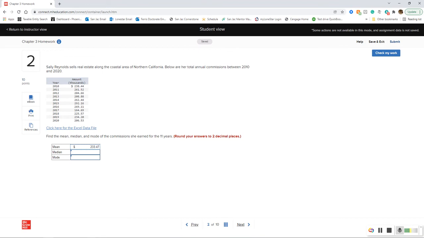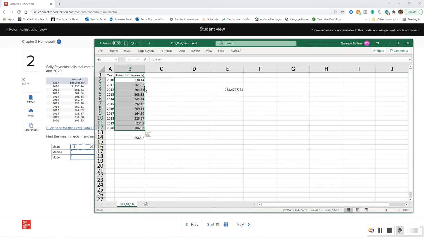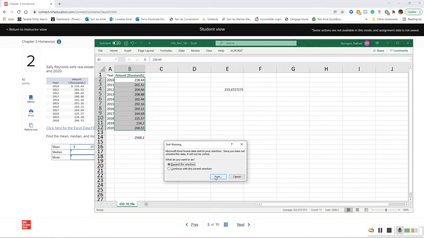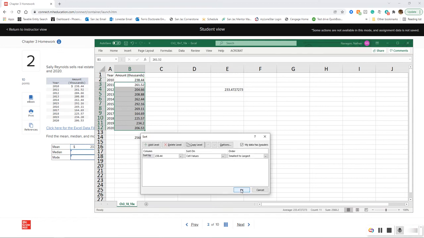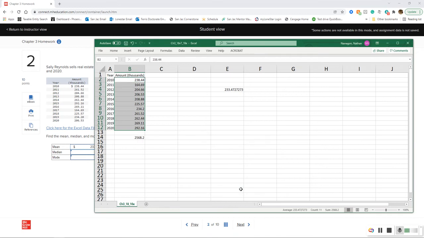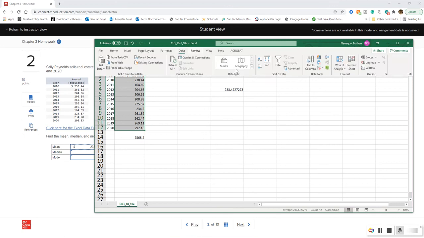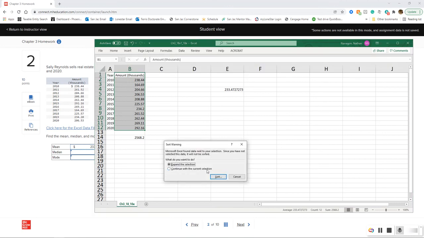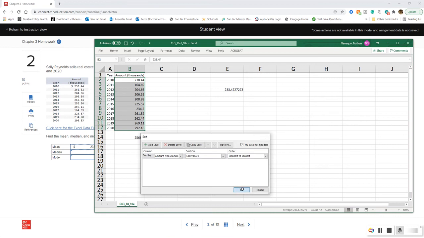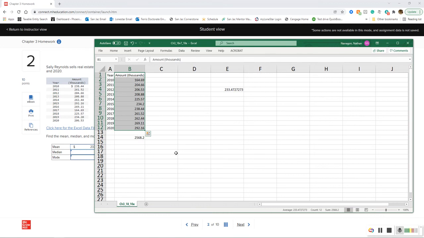So, the best way to do that with our Excel is, as the numbers are highlighted, let's go to data, sort, and tell it to go ahead and sort. Oh, we missed one. Okay, there we go.